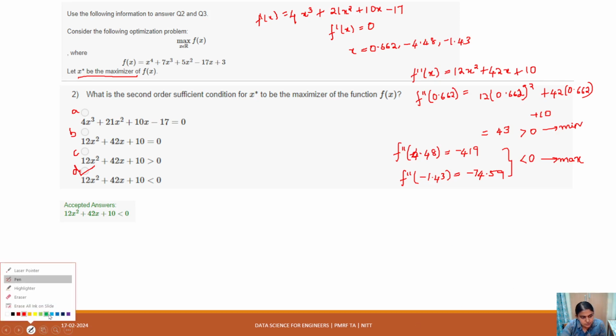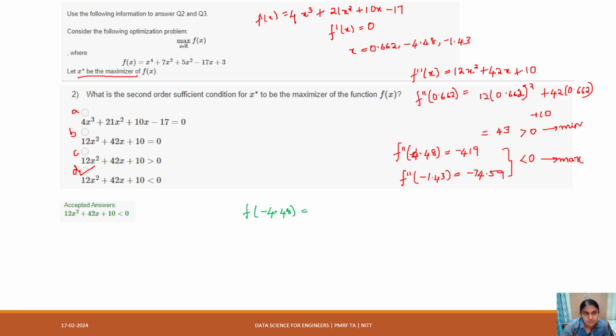Now you want to find out x star. That is the thing. So for that what I'll be doing is I'll first find f of minus 4.48.